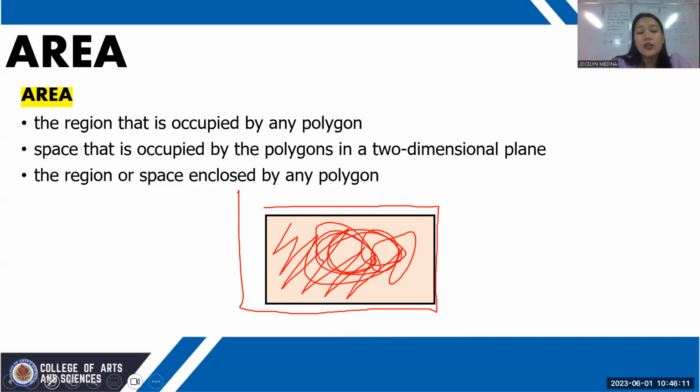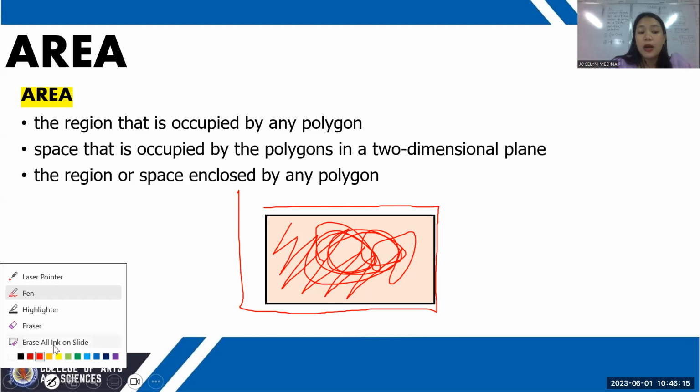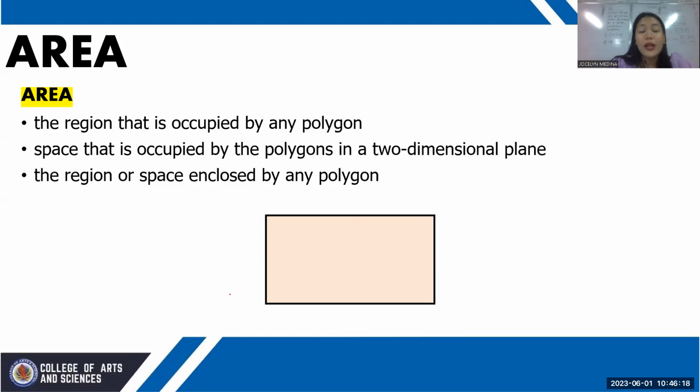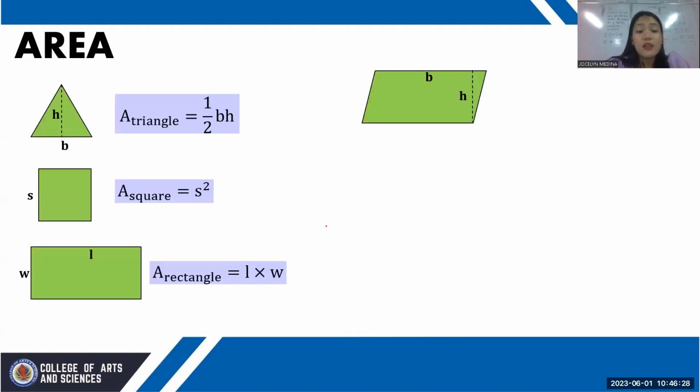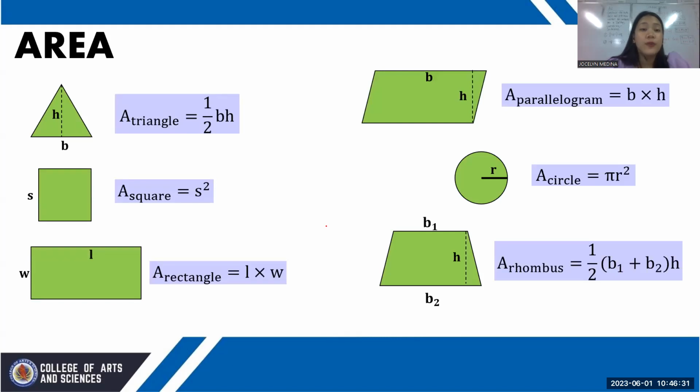Kanina kasi we are not considering the space. We're just trying to talk about the distance. Pero kapag area, yun yung nasa loob ng ating figure. So, hindi lang siya simple addition. We have a specific formula for your different polygons.